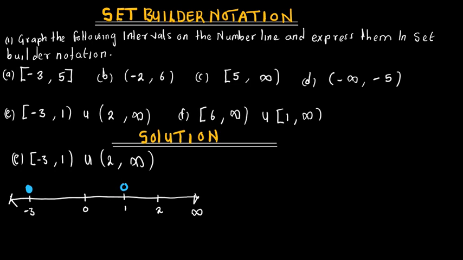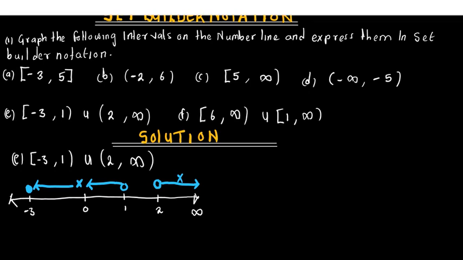So this is going to be from negative 3 less than x less than 1. That is our first interval. Our second interval is simply coming from 2, where we have an open circle, going all the way to positive infinity. And of course, this holds for x.